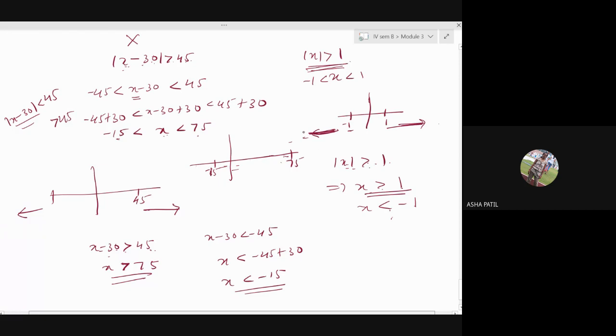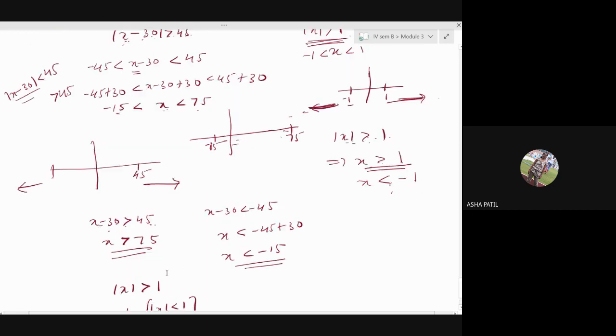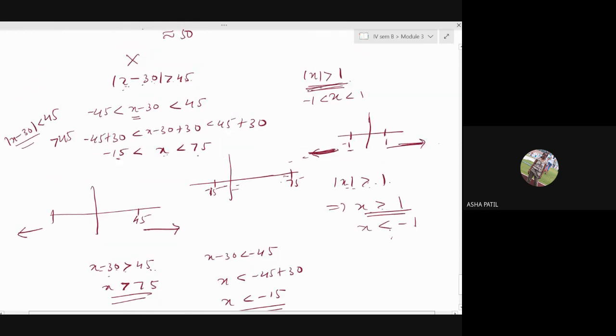You can even write it that way. Suppose it is mod x greater than 1, you can write it as 1 minus probability of mod x less than 1. Mod x less than 1 means between minus 1 and plus 1.